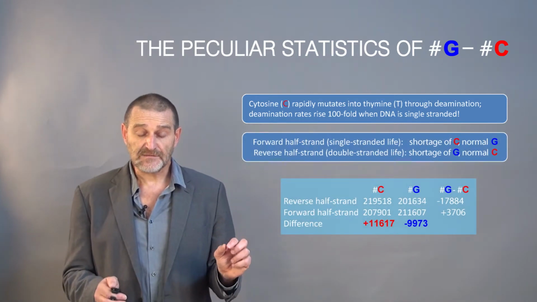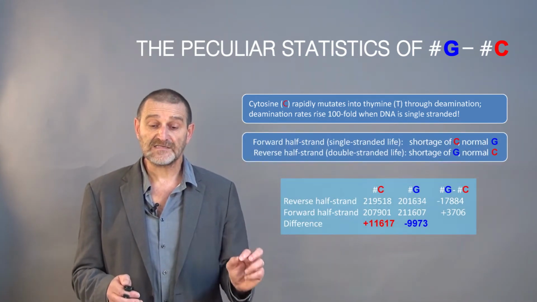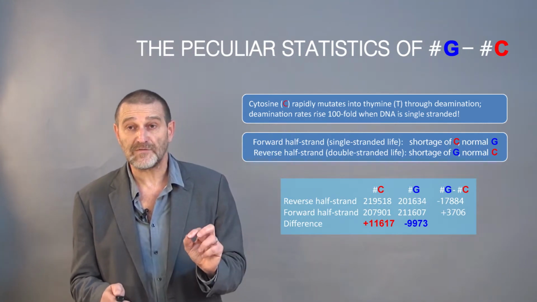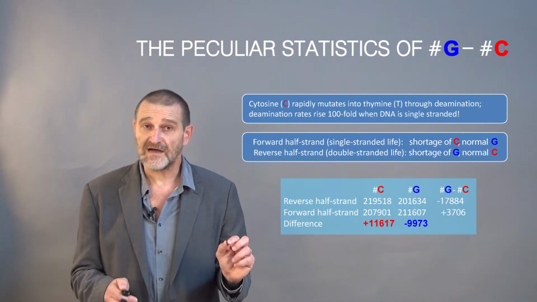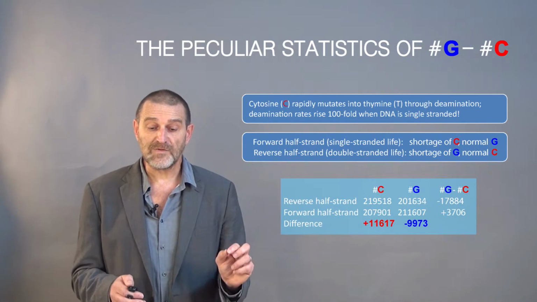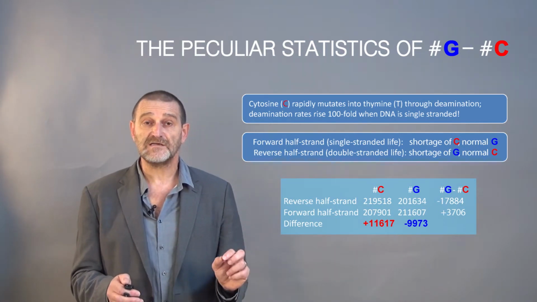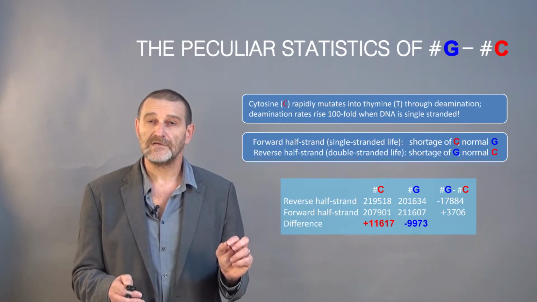Forward half strands that live single-stranded life have a shortage of C and normal G. Reverse half strands that live double-stranded life have a shortage of G and normal C.